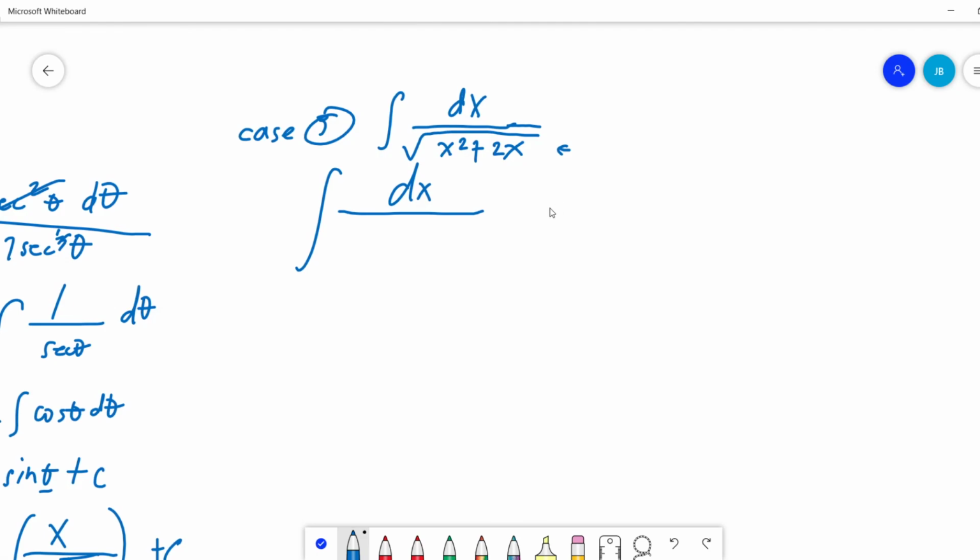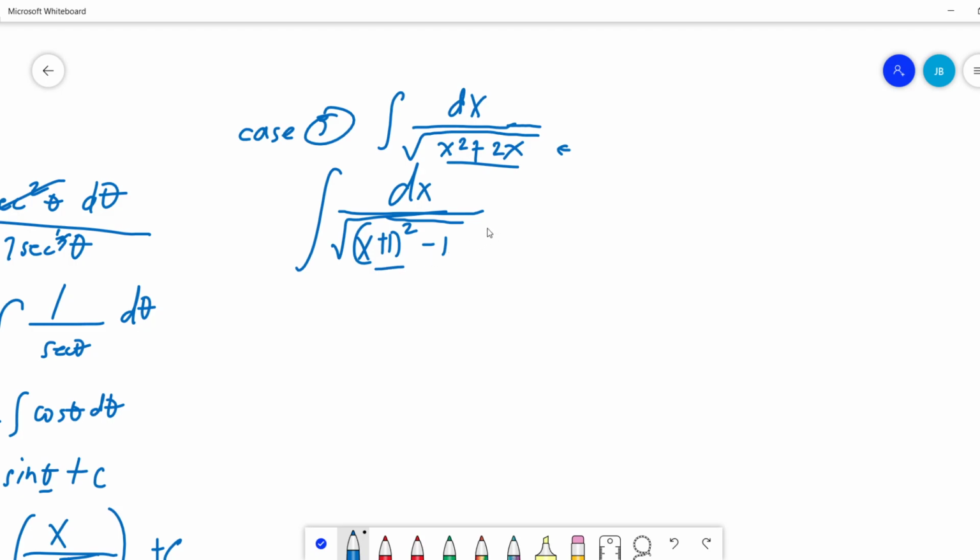So with this expression x squared plus 2x, we can simplify it as x plus 1 squared minus 1. Look, that's x squared plus 2x plus 1 minus 1. This and this are the same.